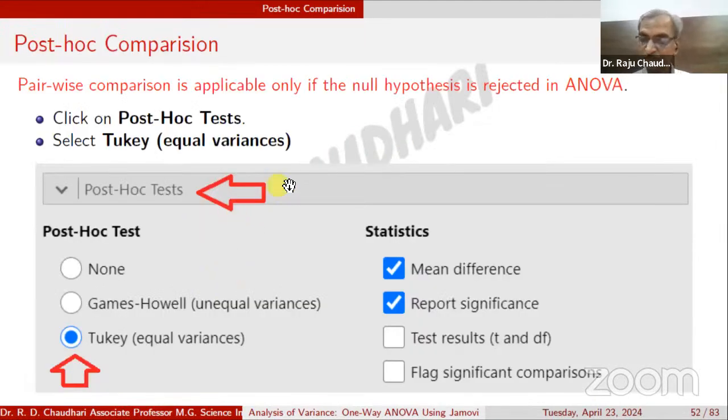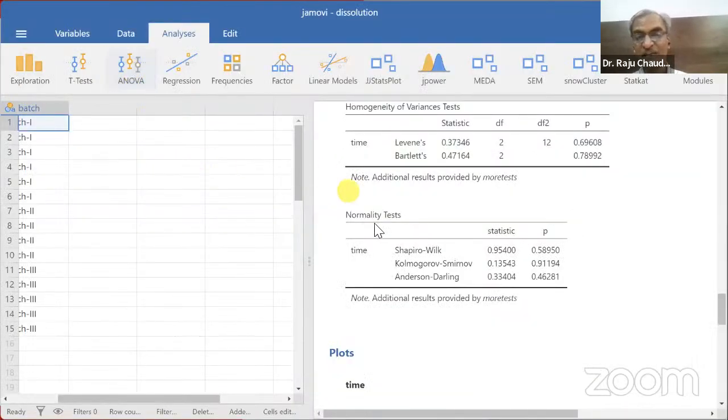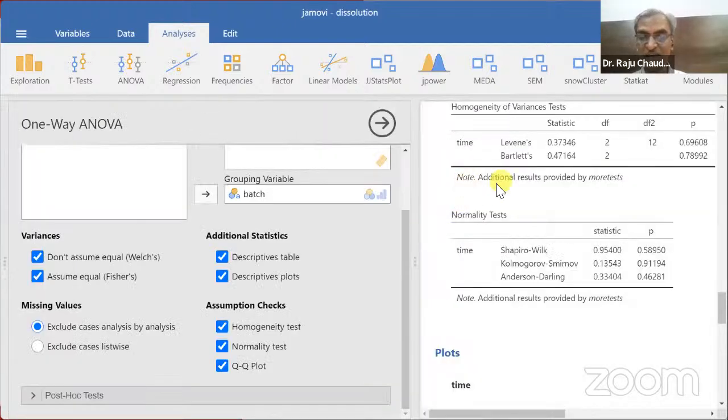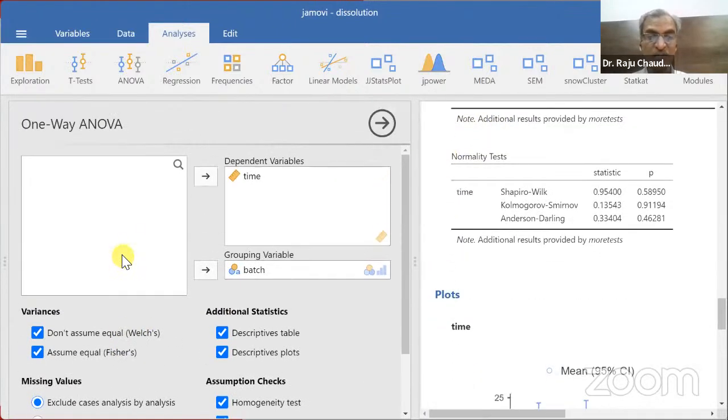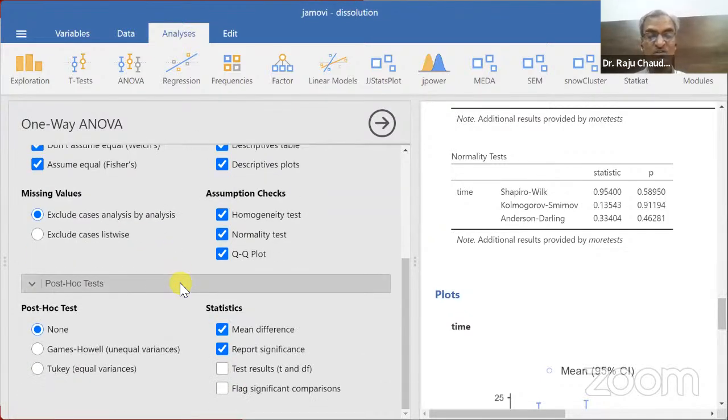Now in Jamovi, it is already there. Just scroll down, and at the bottom we have the post hoc tests. These are the different post hoc comparisons.